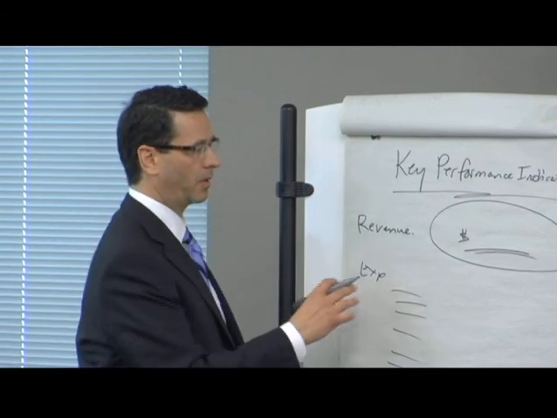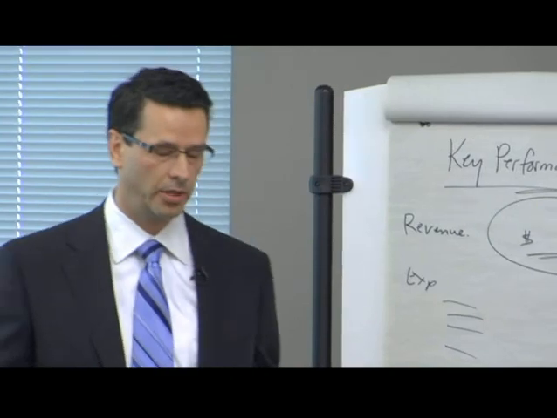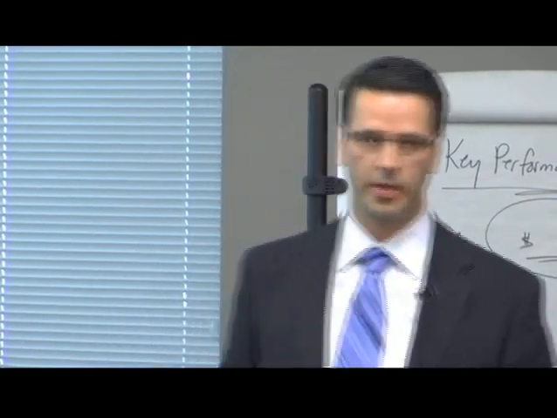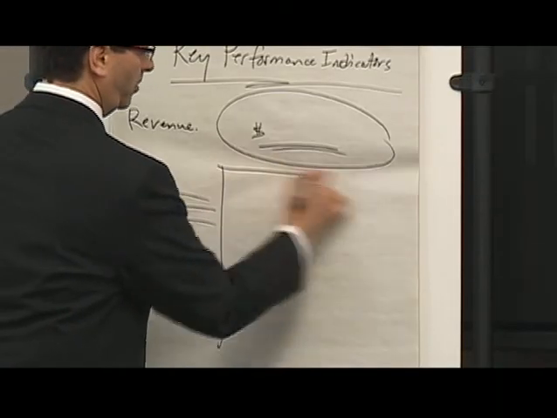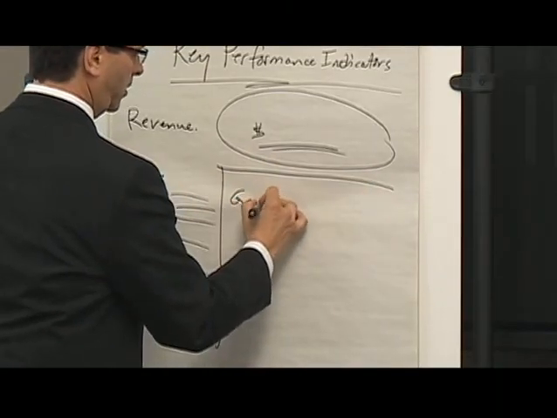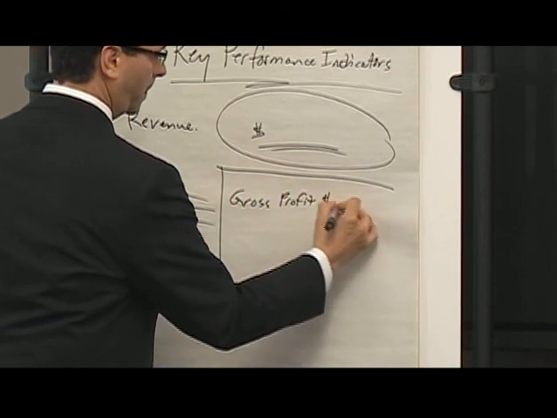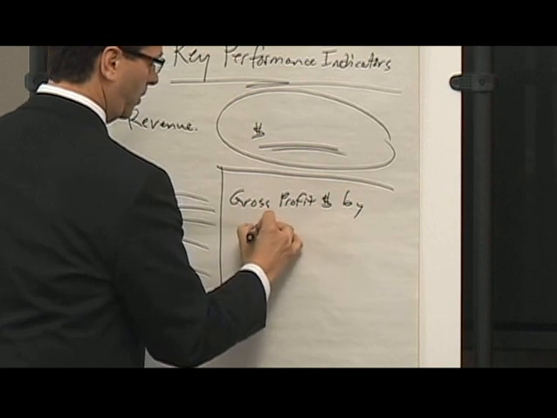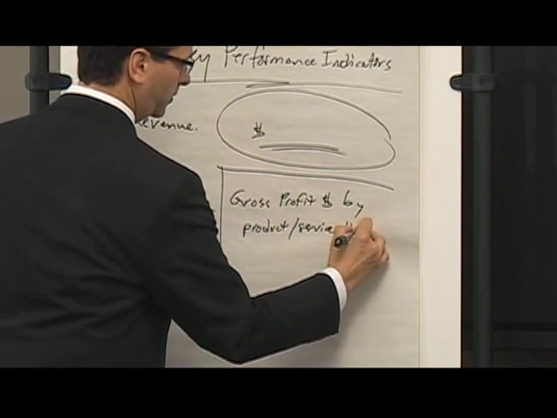So one of the first places I start, and you don't need a sophisticated accounting system. For $200 or $300, you can input the level of detail. It's just a matter of coding. A very important key performance indicator is gross profit, which is dollars by product or service line.